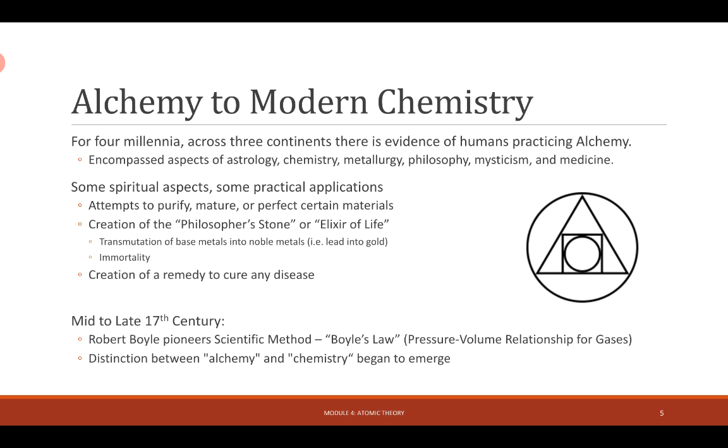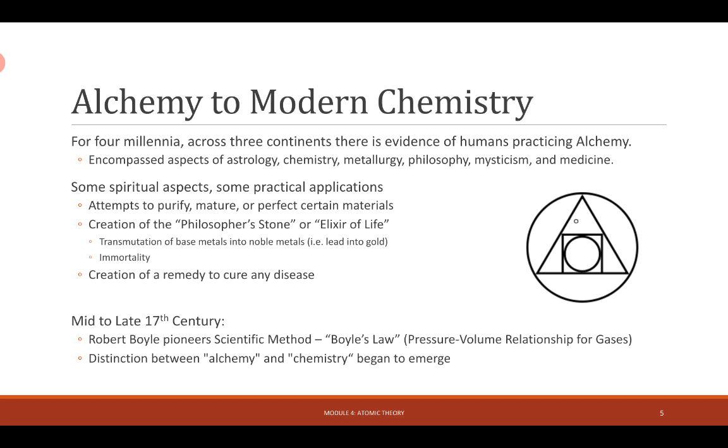Alchemists also wasted a lot of time trying to make a philosopher's stone or an elixir of life, and this was a symbol to represent the philosopher's stone. To me, it looks like the Deathly Hallows symbol from Harry Potter, kind of, only a little bit different, but circles within triangles within squares to represent the earth, fire, water shapes from the previous slide.